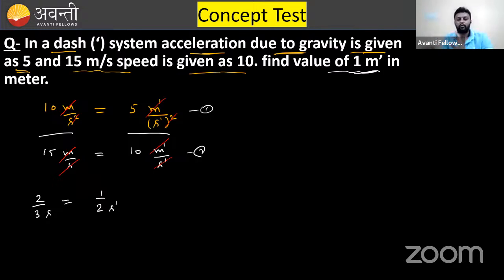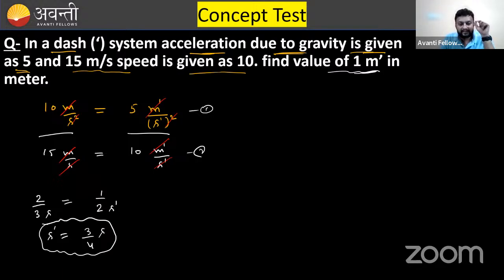So after division, what I got is on your screen. Now, can I get the relation of second dash and second? That means the unit of time in the new system to the original SI system. The relation is equal to 3 by 4 seconds. This is the relation between the units of time.